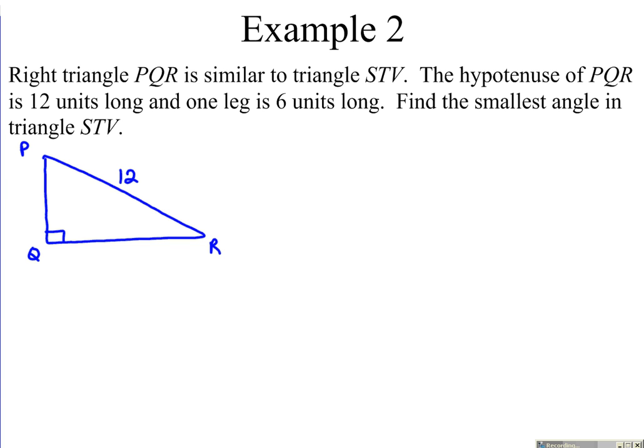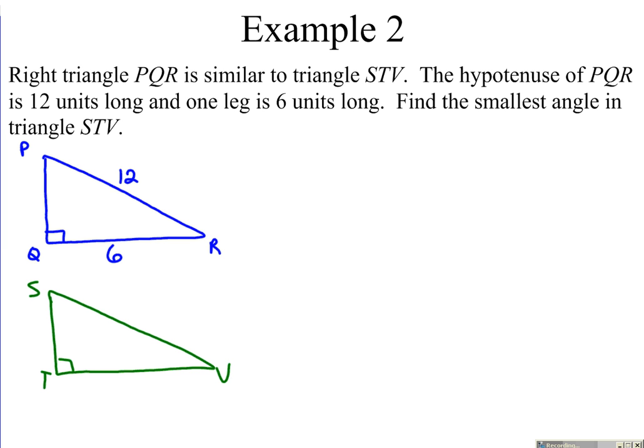One of the legs is 6 units long, so let's call this bottom side 6 units long. Our second triangle, STV. We want to find the smallest angle in triangle STV.